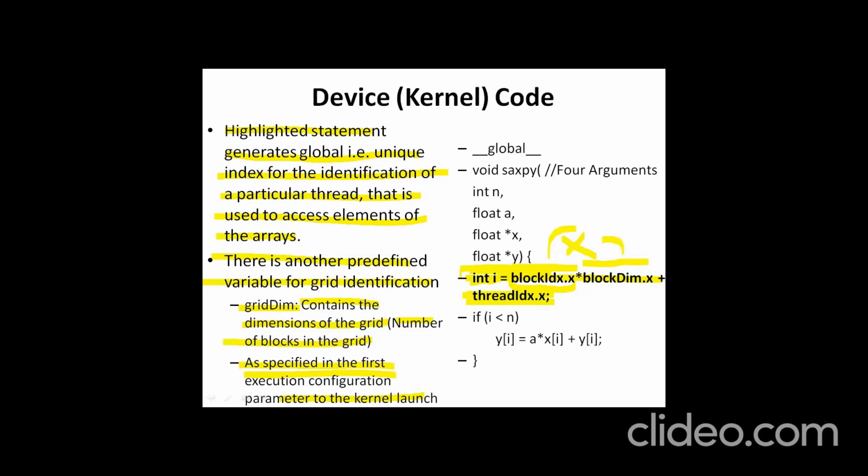That is the linear index we have created, and the same index is used over here. This index should be less than the highest value of the array index, that is n, which we have passed as the first argument. Then y[i] is equal to a times x[i] plus y[i], that is the SAXPY computation.